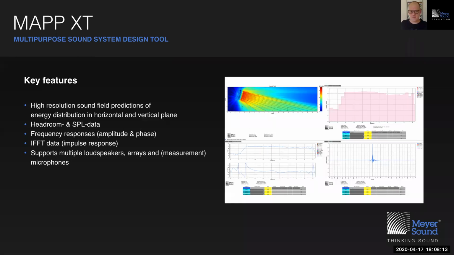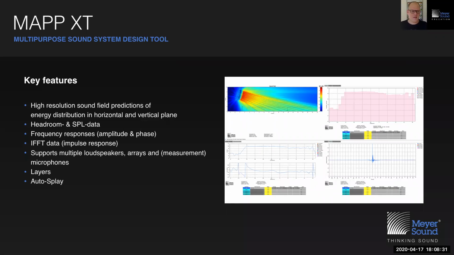And meanwhile, we support multiple loudspeakers, arrays, and measurement positions, measurement microphones, which you can position at any point of your choosing. Finally, all of that can be arranged in layers, which we can give colors and names, and that allows us to manage our session very conveniently.